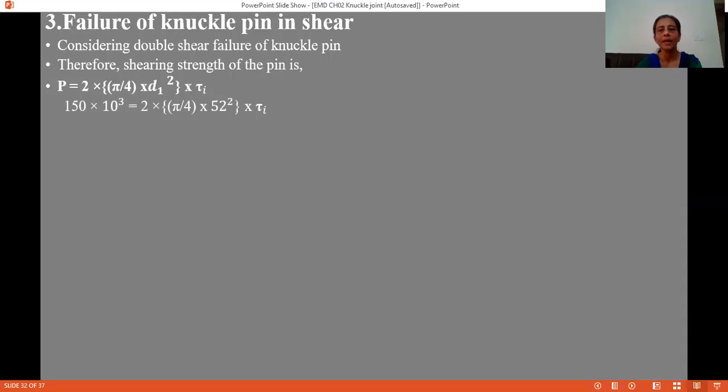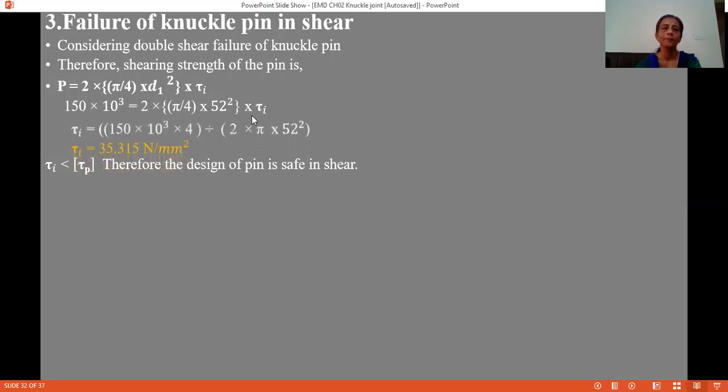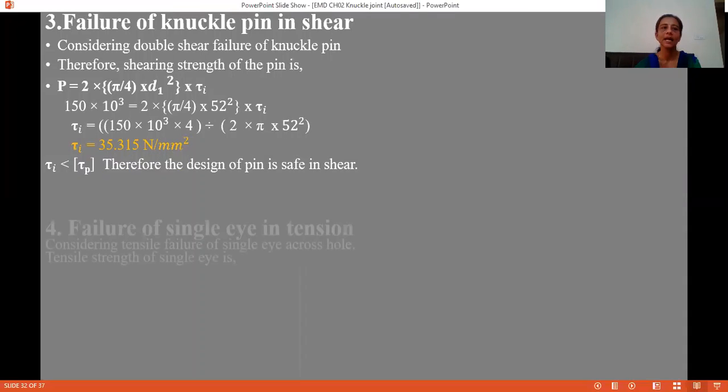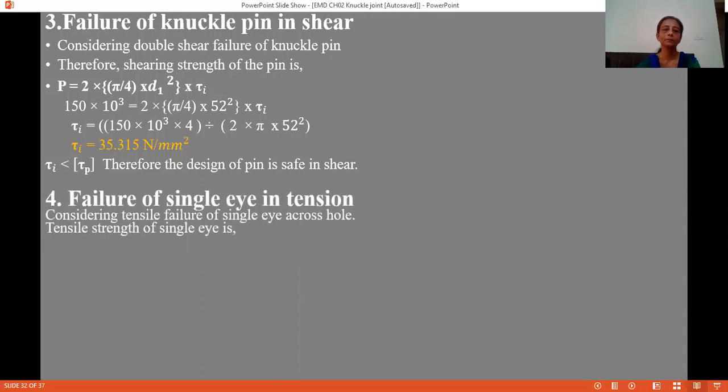There we will be finding shear stress induced. Let us substitute values of load and diameter of pin, and we get shear stress induced as 35.315 Newton per mm square. We can see that our stress value is less than the permissible value. Therefore, design of pin is safe in shear.